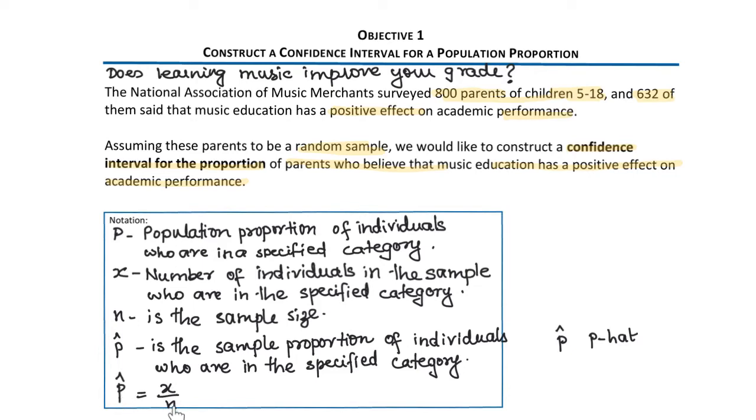P hat is X over N. P hat, so hat means P is wearing a hat or a cap. That's why we call it P hat. So P hat is X over N. And remember, P represents the population proportion and P hat represents the sample proportion.